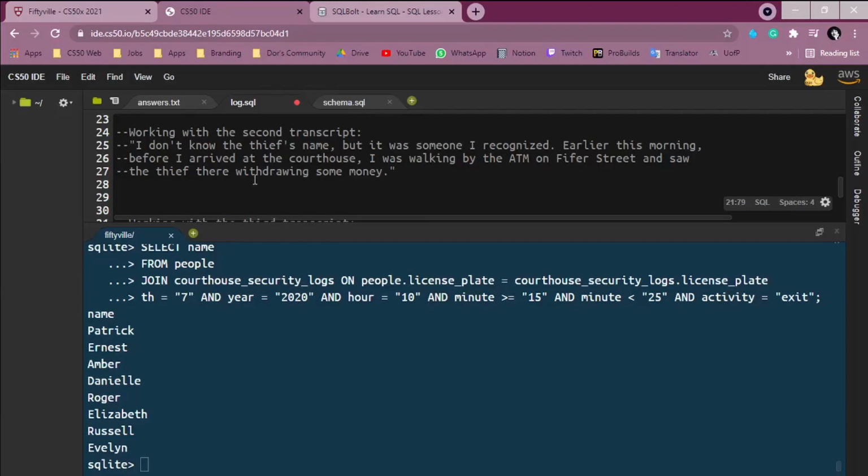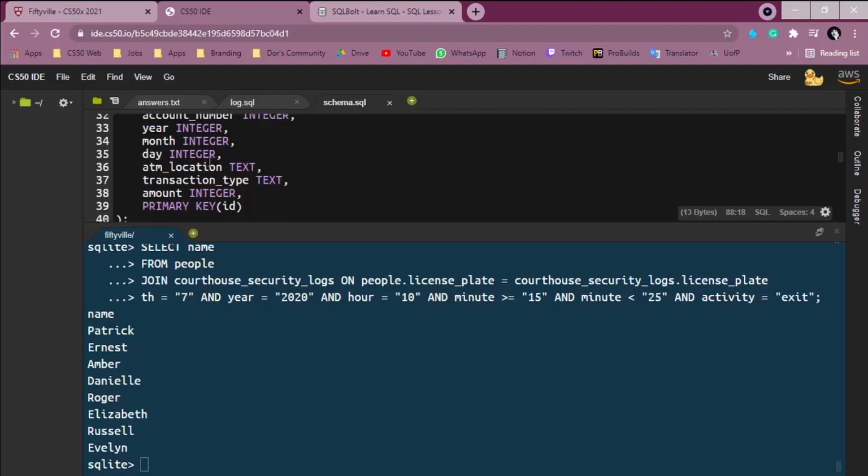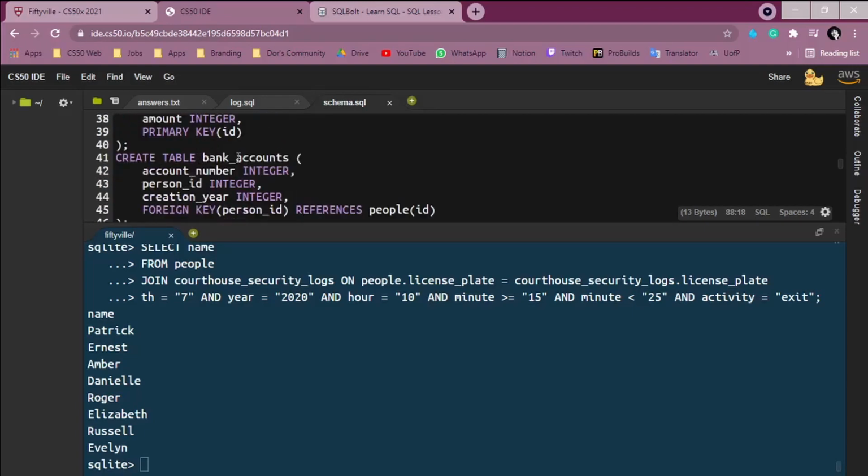So we have another information. We have the information that the 5th was at the ATM on Fiftyville Street early in the morning, so we can use the table ATM transactions. We can get the year, month, day, and ATM location, and with this we can get the bank account.